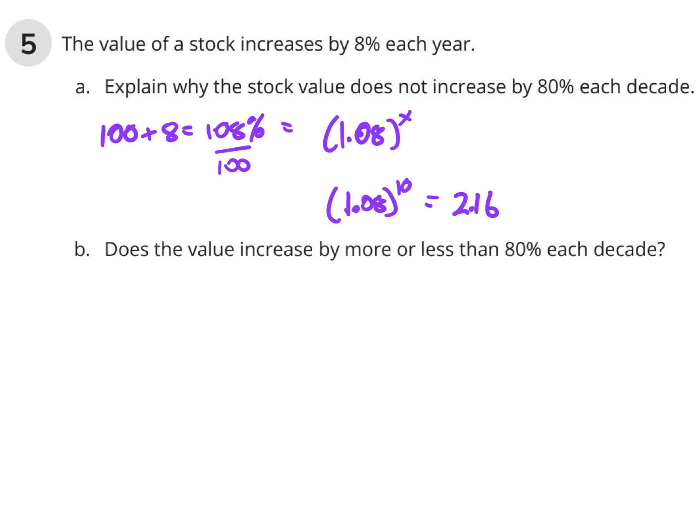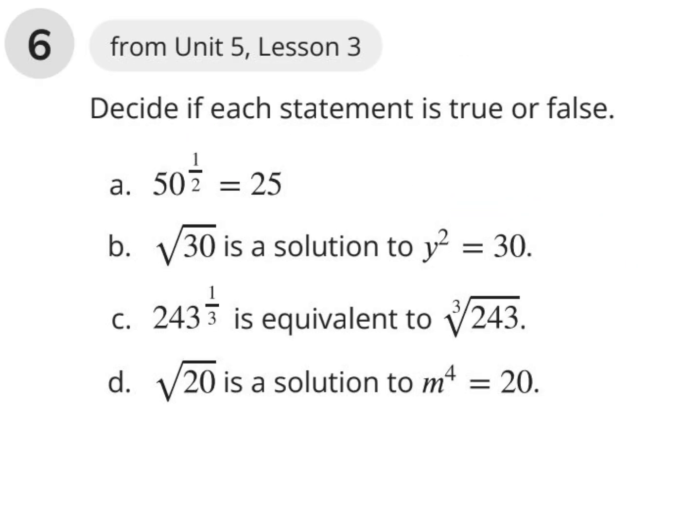We're going to round it to 2.16. We're going to subtract 1, giving us 1.16. We're going to times it by 100, and that's a 116% increase. So the value increases by more than 80% each decade.